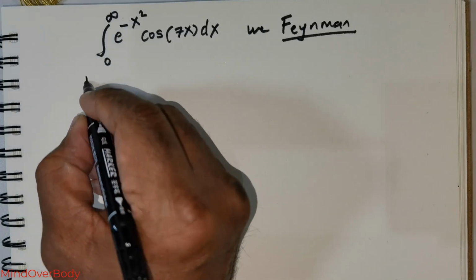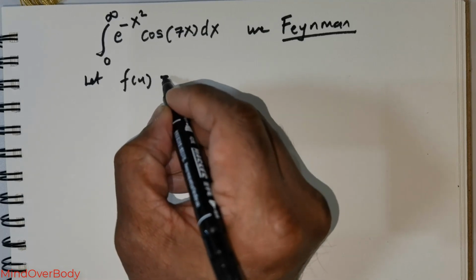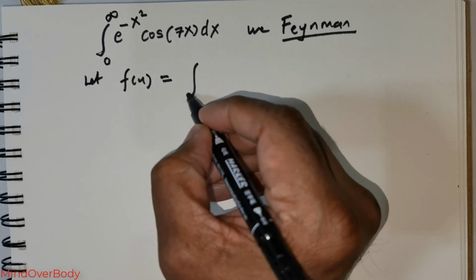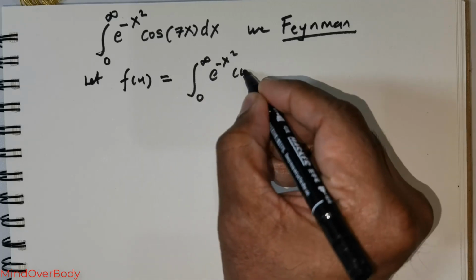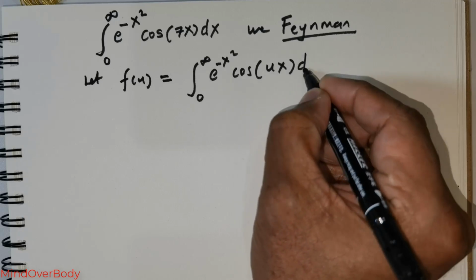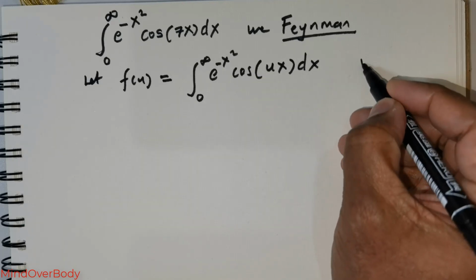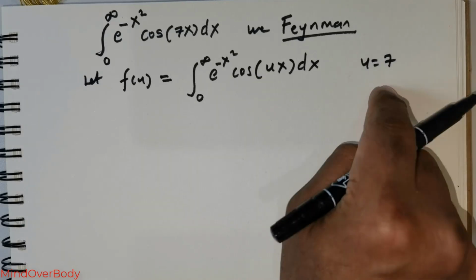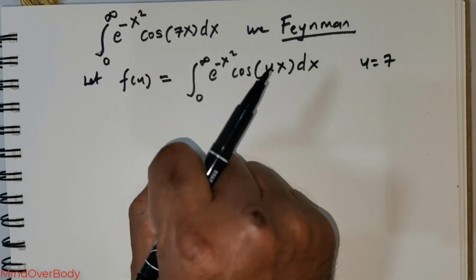So let me define this function. Let f of u be equal to integral 0 to infinity e raised to the power of negative x squared, I'm going to write this as cos of u times x dx. Now u is the variable here, which takes the value 7, and that would result in the given integral.